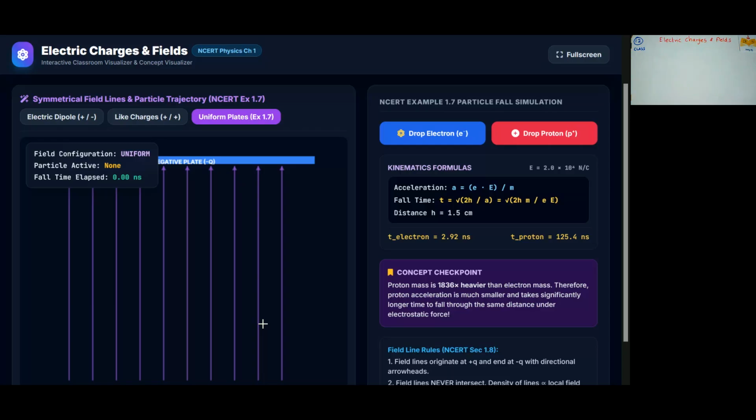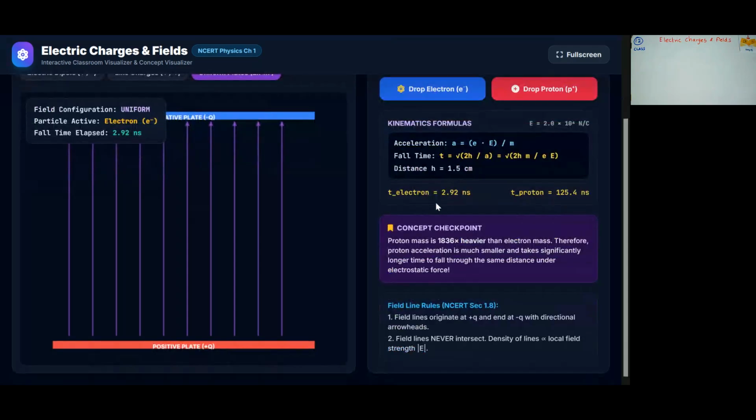When a charged particle of mass m and charge q is dropped into the uniform field, it experiences an electrostatic force F equal to qE, producing an acceleration a equal to qE by m, or eE by m. We can put small e or small q for that charge.